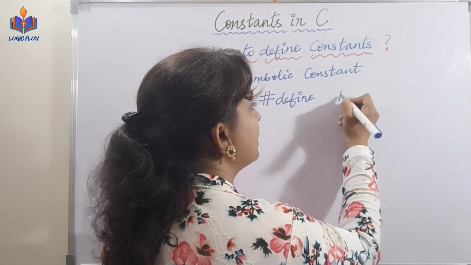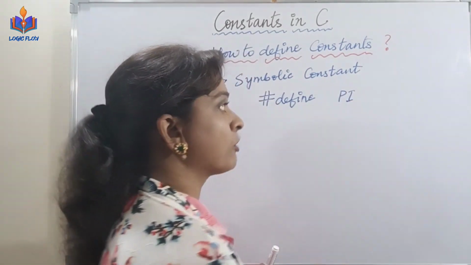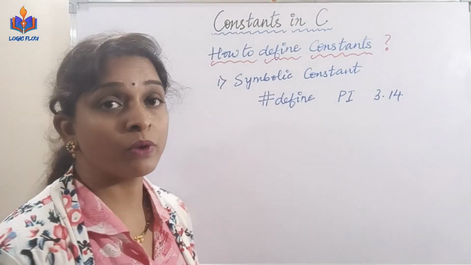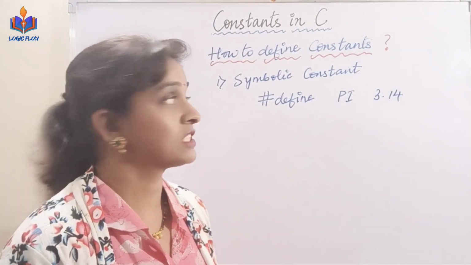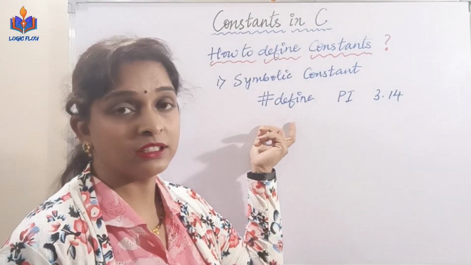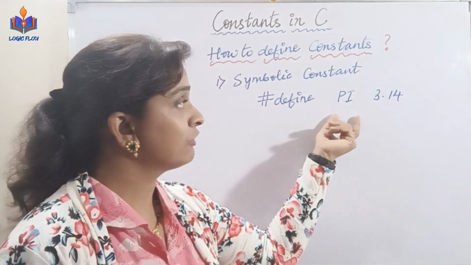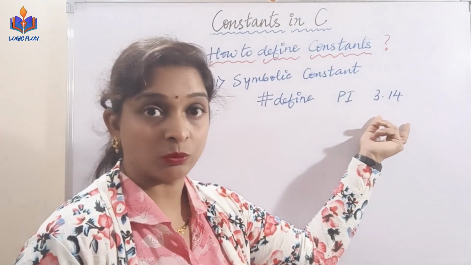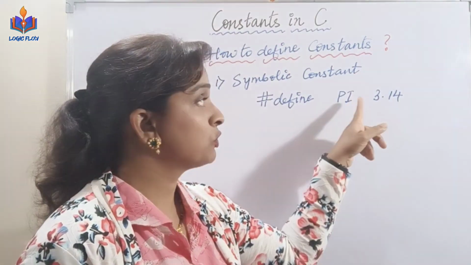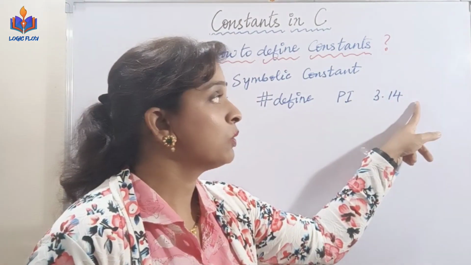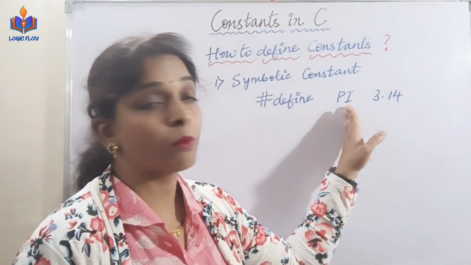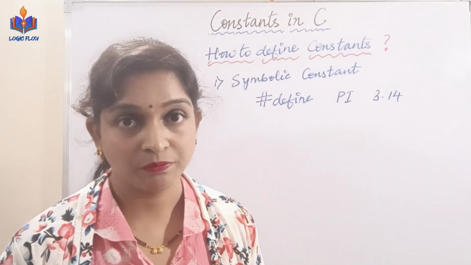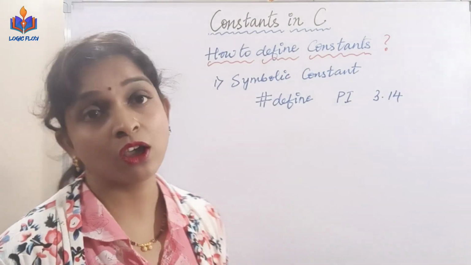Say for example, I need to define the constant value for pi, I say 3.14. So this is how we have symbolic constants. We should have the preprocessor directive #define, followed by the constant name and then the value. Make sure that you don't put any equal to and no semicolon, and the symbolic constant name should always be in uppercase. That is the rule for symbolic constants.